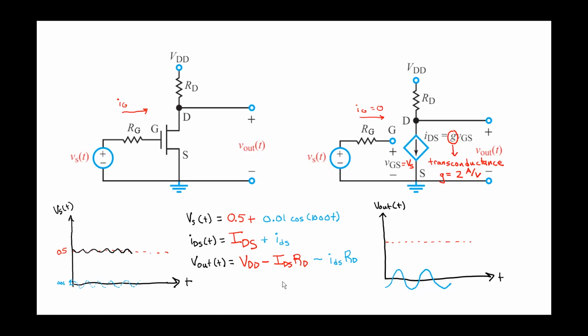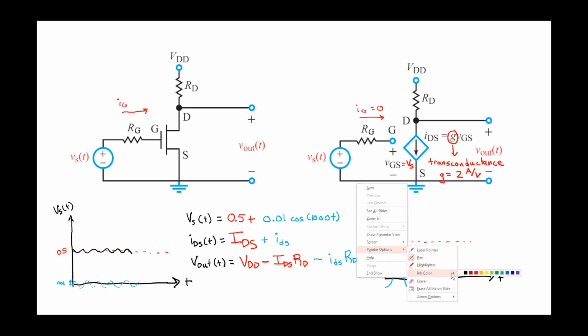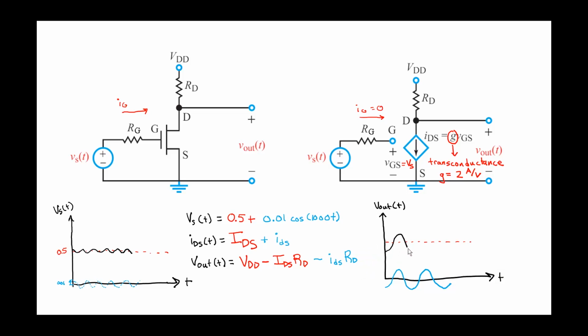You see the cosine has expanded in its amplitude slightly. So the actual output voltage looks something like this. Okay? So this is now V out of t. And what we're interested in isn't how the DC level shifted, but how the AC level shifted.